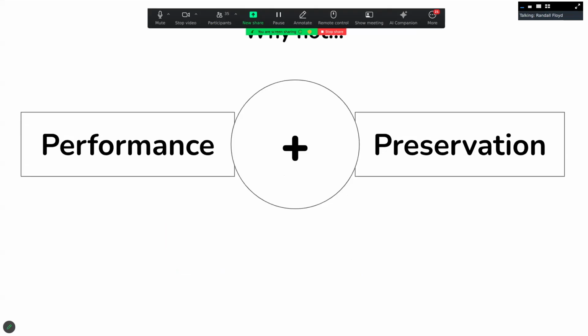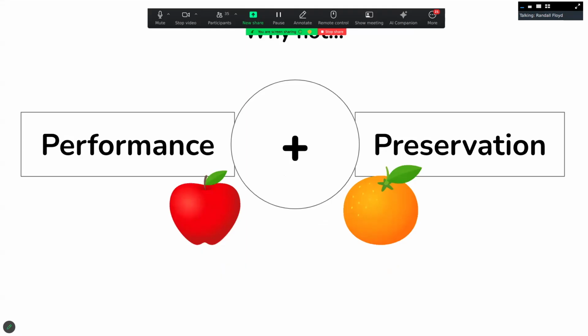So again, to credit Nick from Notch 8, pointing out the obvious of conversations that have gone by the wayside over time is, well, why do you have to choose? Why not performance plus preservation? Why can't you have both? Why can't you have an apple and an orange?